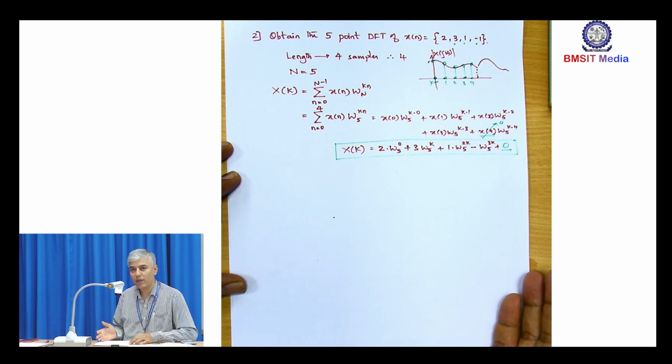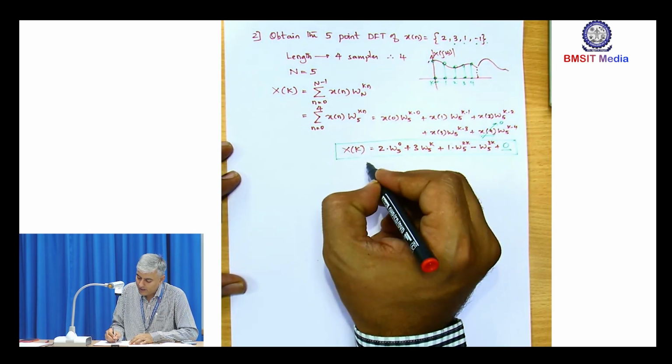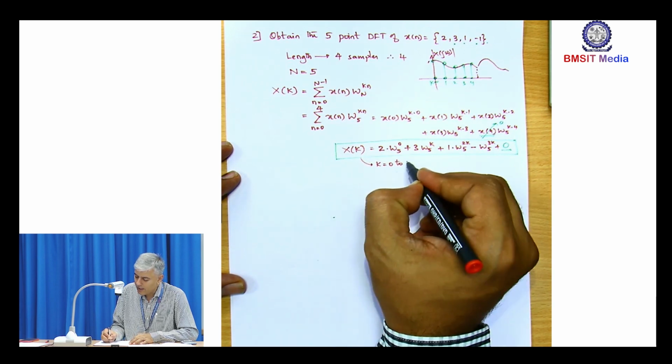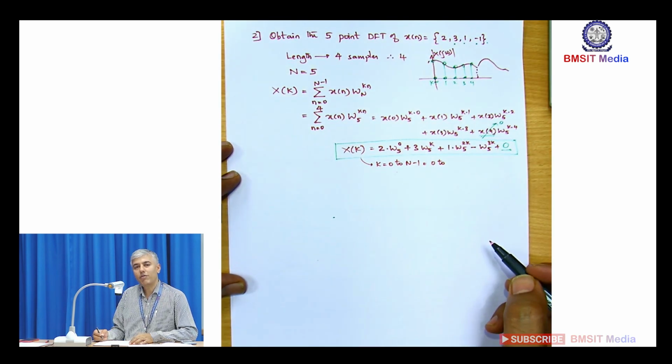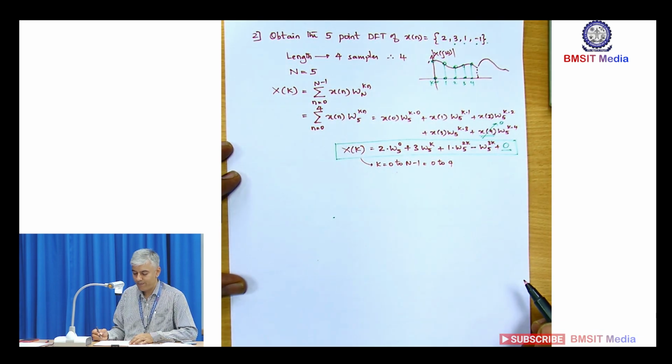Lastly, you have plus 0, which can be neglected. Now, what is the range of k? In this expression, k ranges from 0 to N minus 1. That is, N is 5, therefore 5 minus 1 is 4. So k is 0 to 4.